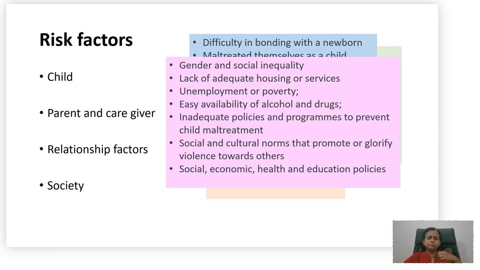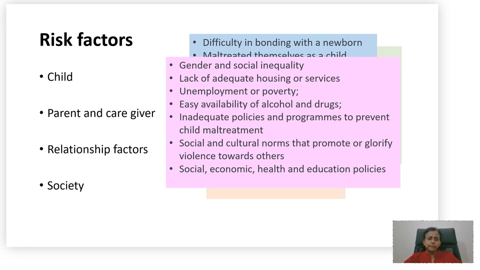They themselves are misusing alcohol or drugs, including during pregnancy. But we don't see that here, but in UK and other countries, you may see that. Poor impulse control and low self-esteem, mental or neurological disorders, involvement in criminal activity, and having financial difficulties also are risk factors in the parent or caregiver.